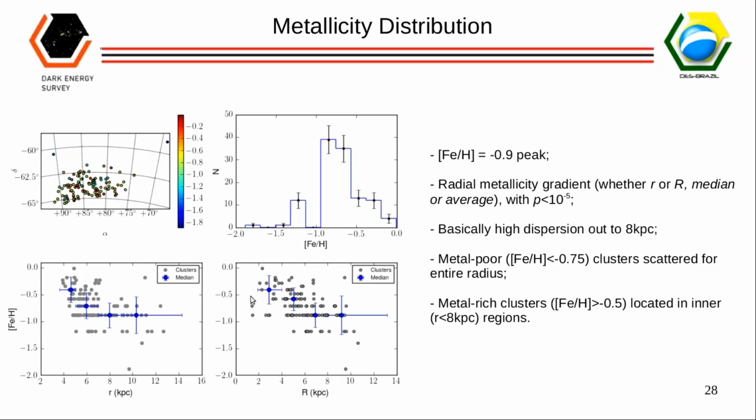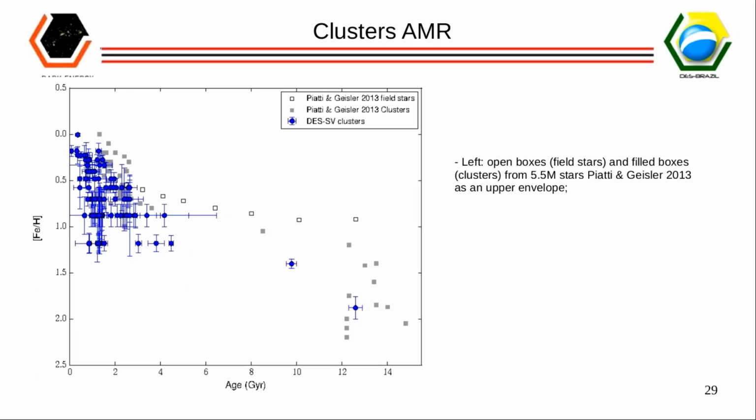In the last but one slide, I compare the age-metallicity relation from our sample to Piatti and Geisler 2013. Their field and cluster star sample are located in the LMC inner regions, and in the age-metallicity relation, the field stars and cluster sample are outlining an upper envelope regarding our sample.